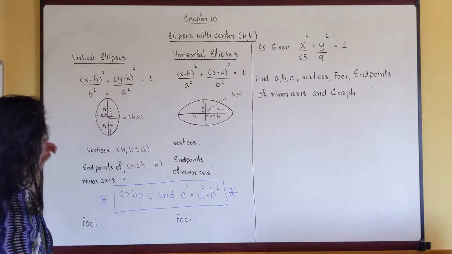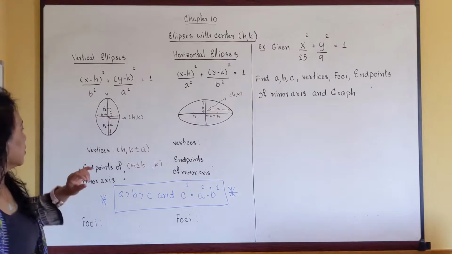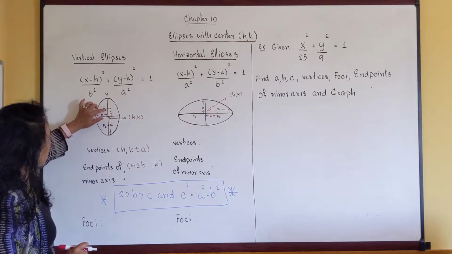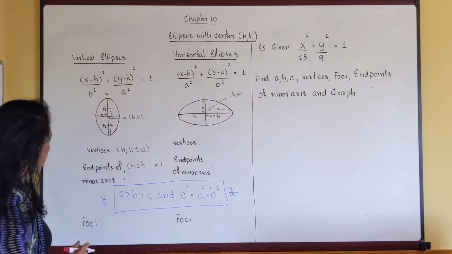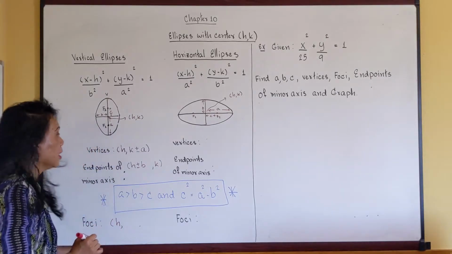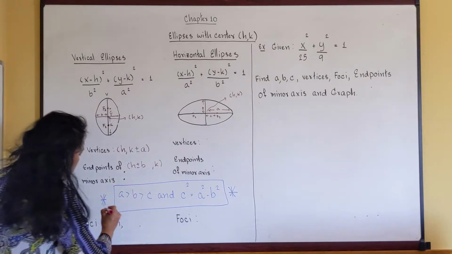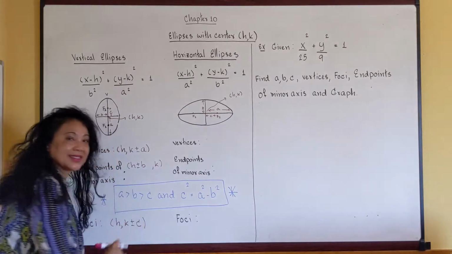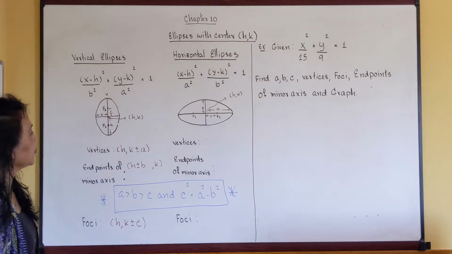Now the foci are always on the A side. So the distance from the center to the foci is C. The x coordinate is going to be the same, which is H. The y coordinate is going to be K plus or minus C, just by understanding the picture.